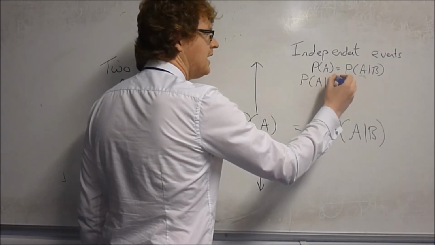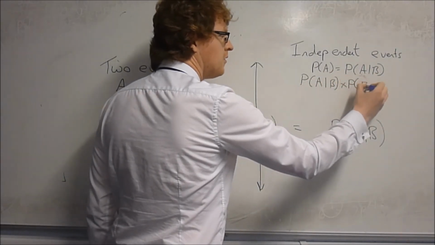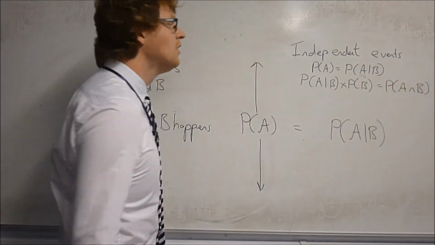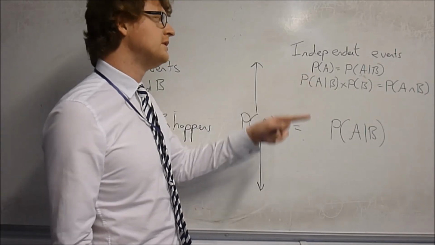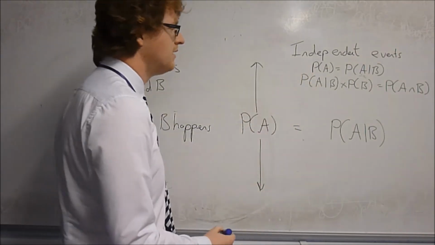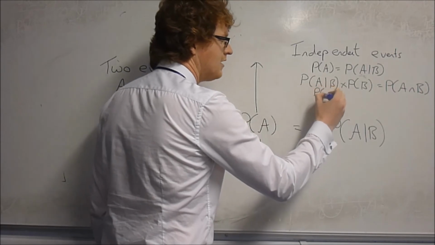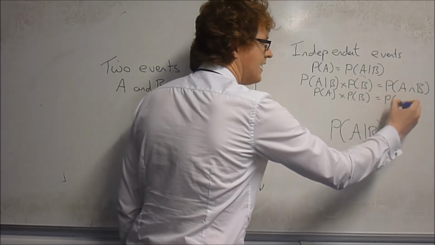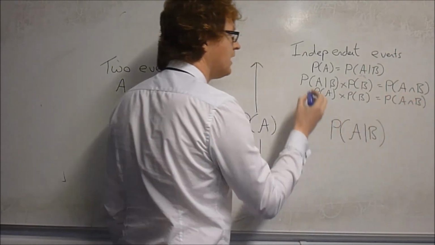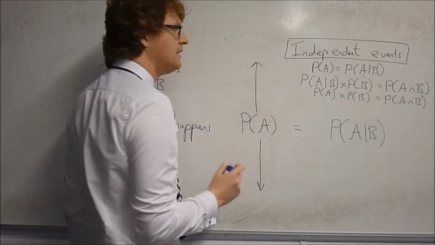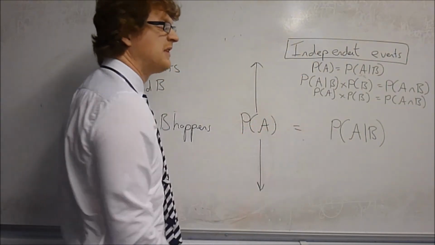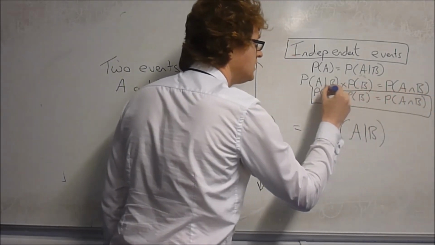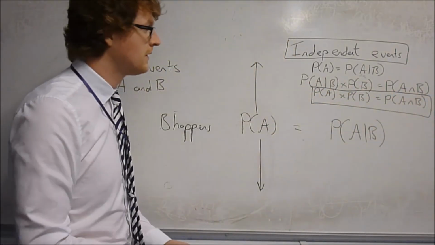The probability of A given B times the probability of B was the probability of A and B, or A intersection B. Well, if the probability of A given B is the probability of A, because these things are independent, then we've got the probability of A times the probability of B equals the probability of A and B. So you need to make a note that if you've got independent events, that means the probability of A is the same as the probability of A given B, because B hasn't changed it, and you can use this rule here. This is really important in some examples.